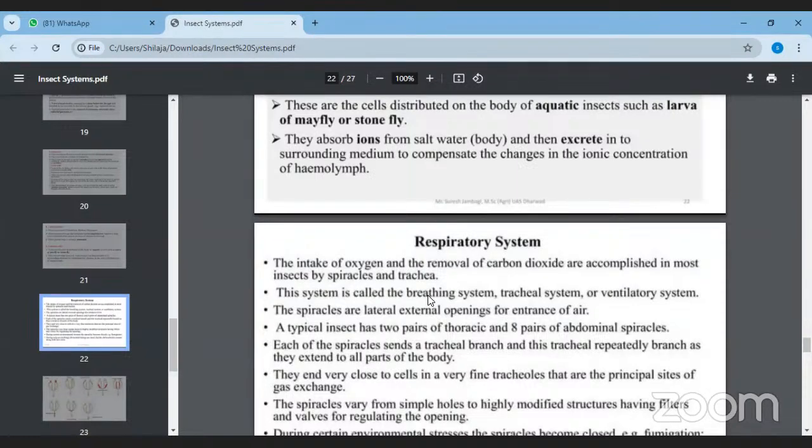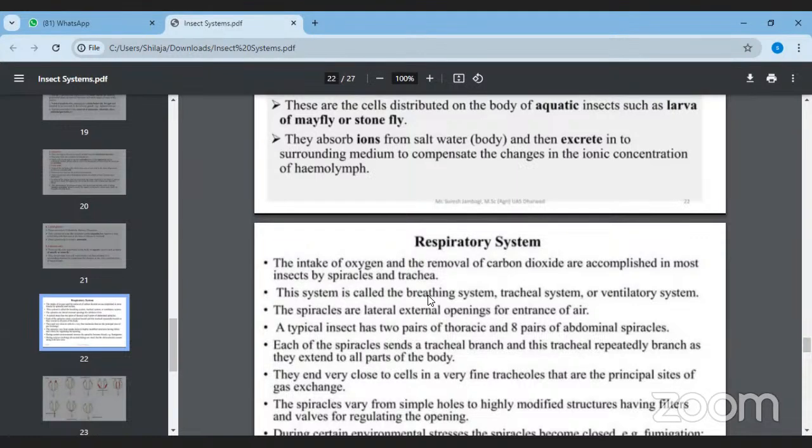Hemipneustic has one thoracic and 7 abdominal, for example fly larvae.